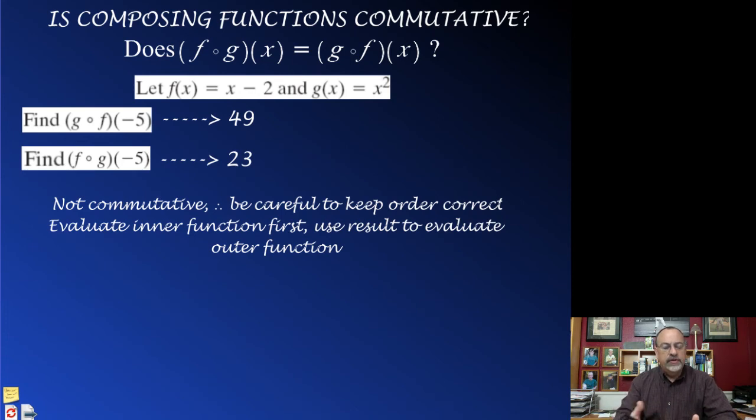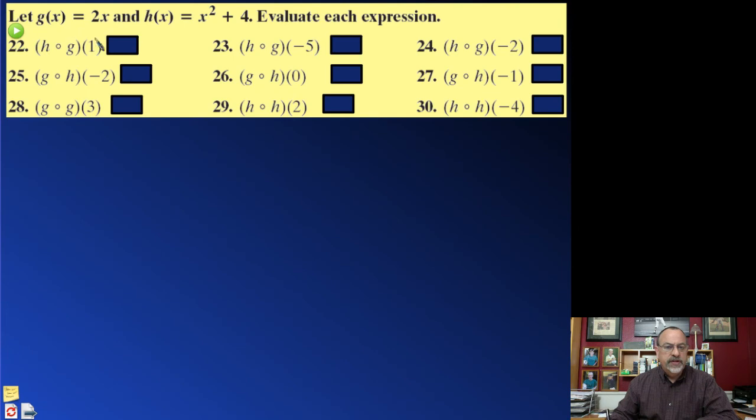So it's very important to know that when we're composing one function with another, the function that comes second must be evaluated first, or I have to substitute into that function first, and the result of that function is then what gets substituted into the first function. So our two functions here are g of x is 2x and h of x is x squared plus 4.